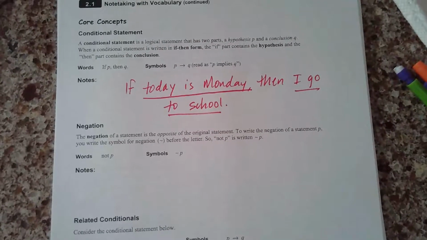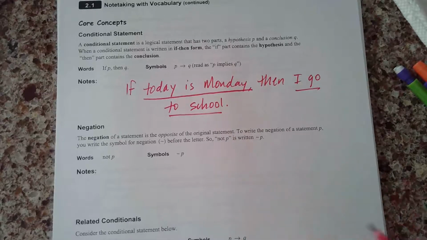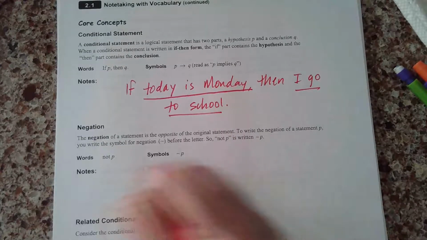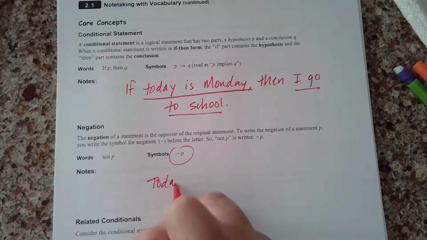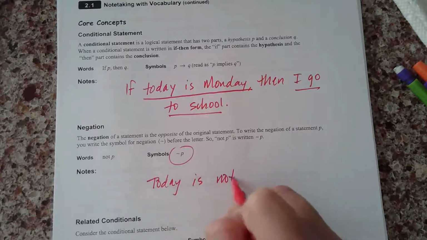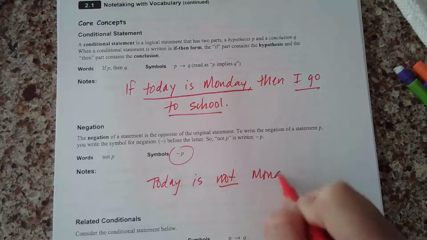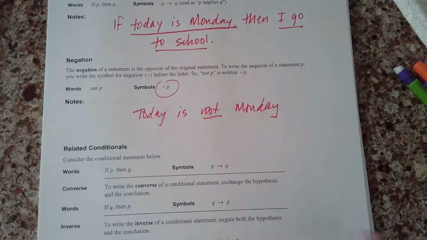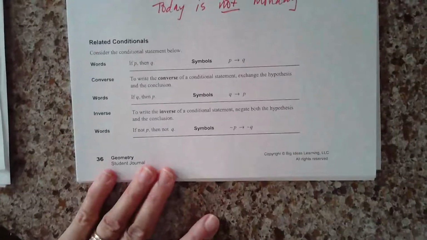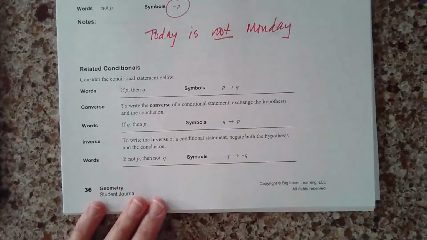Okay. Next one, negation. And so this was basically like saying you're just going to do the opposite of one of them. So like if I did not P, like the example says, I would say, today is not Monday. So that would be the opposite, or not, of that one. On the bottom, these are the ones that are converse and inverse.